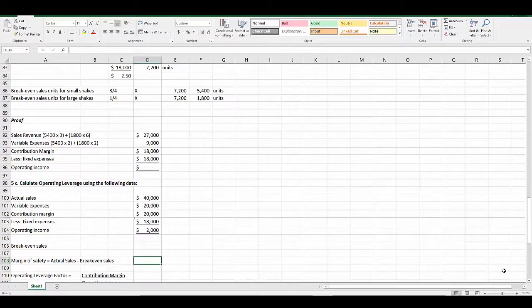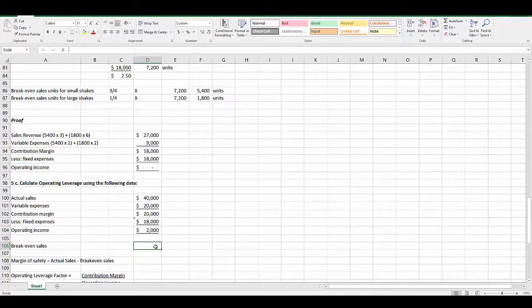Okay, this section 5C, we're going to introduce a new formula, and it's called operating leverage. When you calculate operating leverage, the first step is to calculate margin of safety. Margin of safety means you're calculating how much more you're selling over break even.